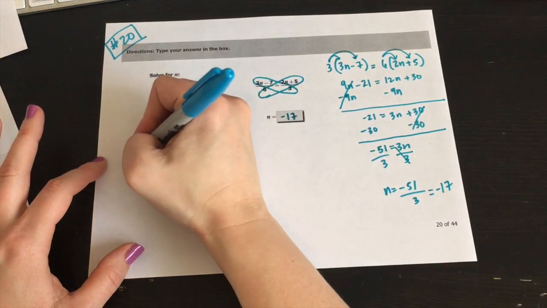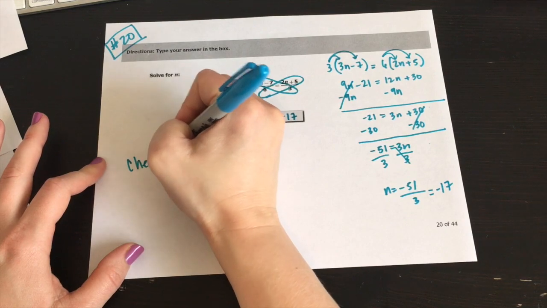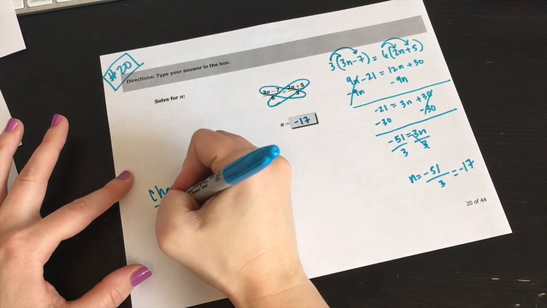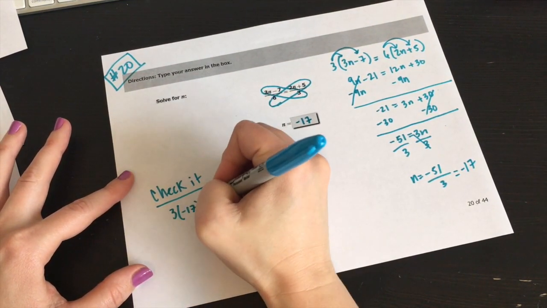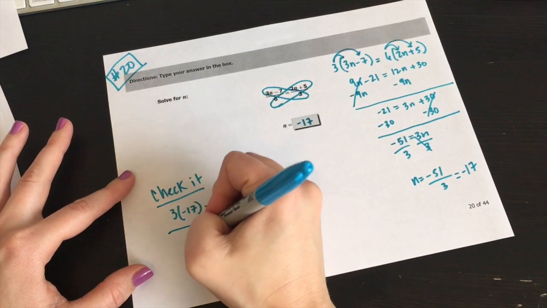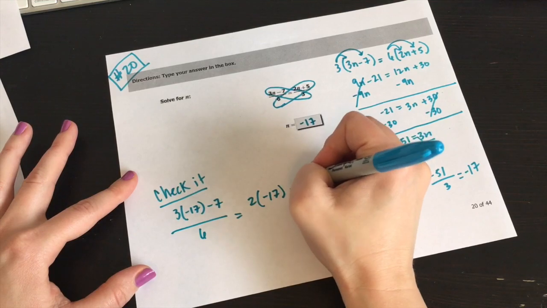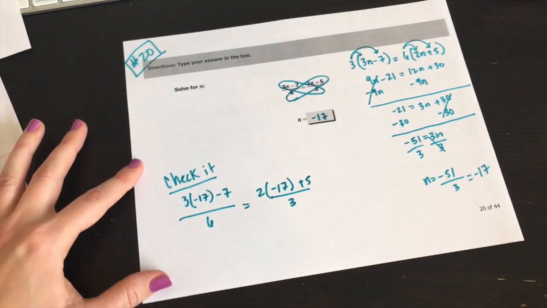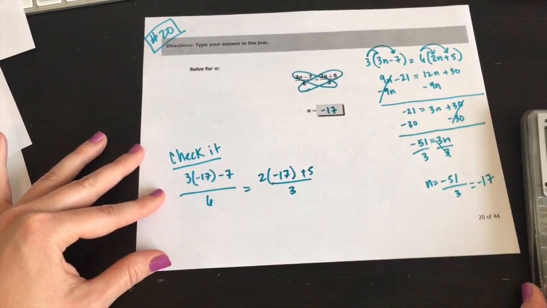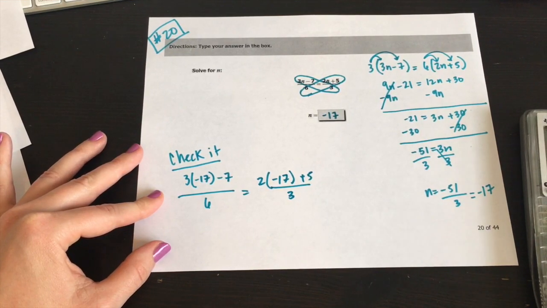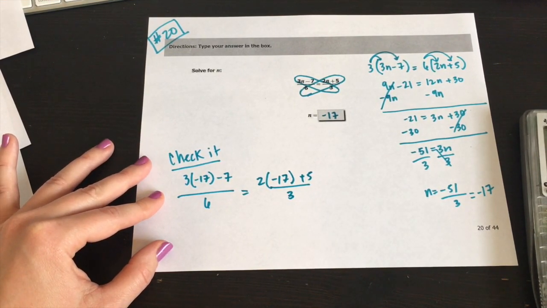If you wanted to, and you should, check it. 3 times negative 17 minus 7 over 6, and 2 times negative 17 plus 5 over 3. Okay, so I'm just going to put this in the calculator really quick. 3 times negative 17 minus 7 divided by 6.